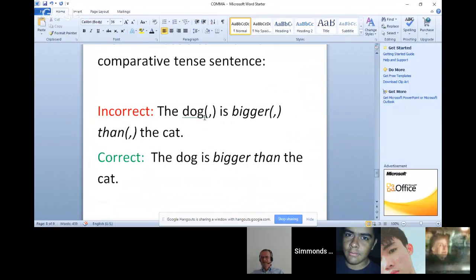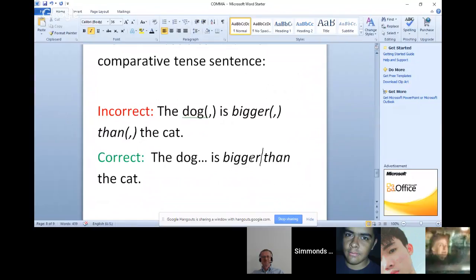It does, and even if these didn't have the brackets, it would be the dog is bigger than the cat. If you wanted someone to say the dog is bigger than the cat, I would do these. This is called the ellipsis. The dog is bigger. You would do that.